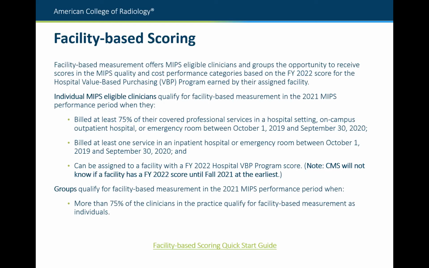Individual MIPS eligible clinicians qualify for this facility-based measurement if you've billed at least 75% of your covered professional services in a hospital setting, billed at least one service in an inpatient hospital or emergency room between that October 1st and September 30th period, and then can be assigned to a hospital VBP program score. Groups can qualify for this measurement if at least 75% of the clinicians in the practice qualify for this facility-based measurement. And the facility-based scoring quick start guide is linked at the bottom.